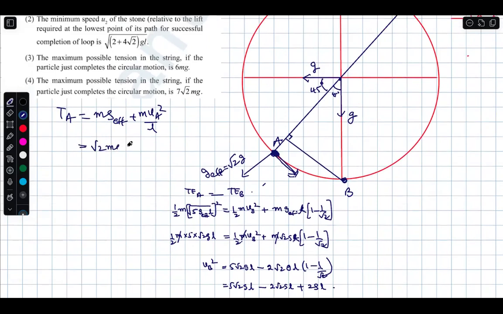Root 2 mg plus m Va square by L. You tell me. Va square is 5 root 2gL, so 5 root 2g. Okay, 6 root 2 mg, but you have given 6 mg. Wrong. 6 root 2 mg is correct. Then they gave 7 root 2 mg, that is wrong. It is 6 root 2 mg.